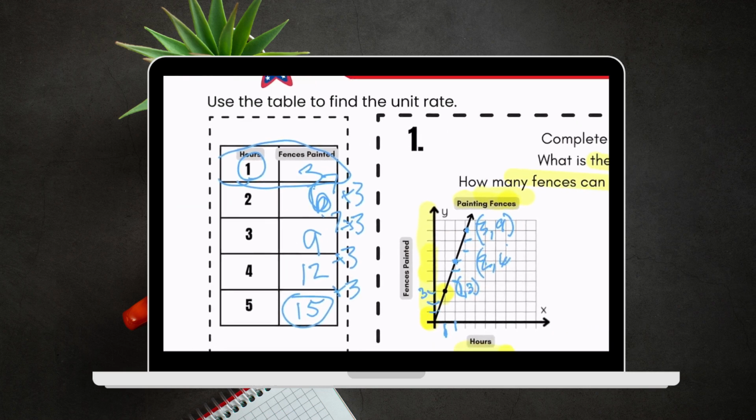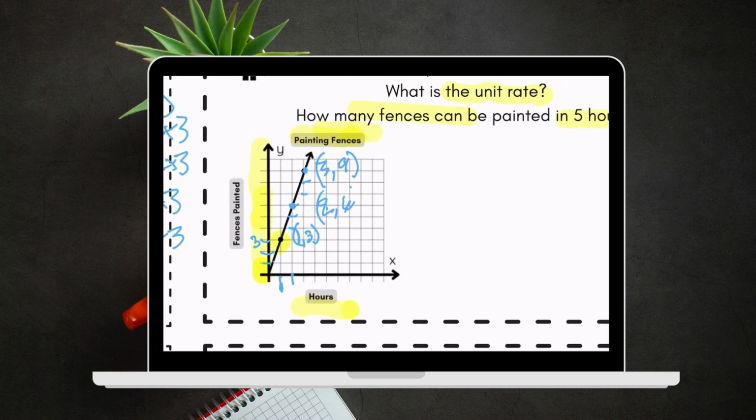And that answers the last part of our question. How many fences would be painted in 5 hours? 15 fences would be painted in 5 hours at a rate of 3 fences per hour. So our unit rate is 3 fences per hour, and in 5 hours we could paint 15 fences.